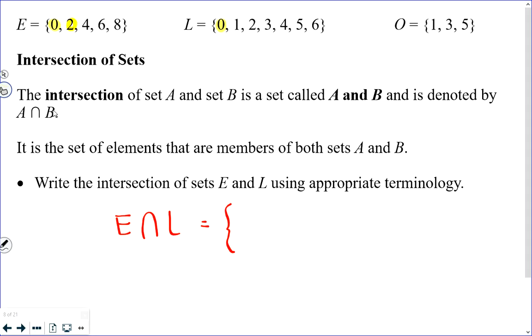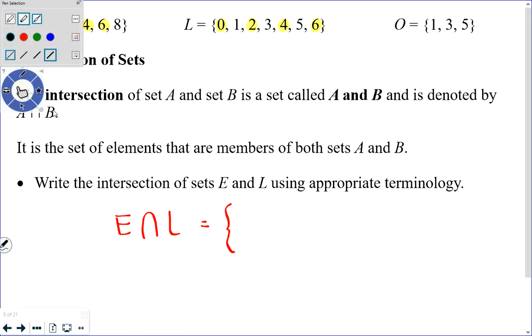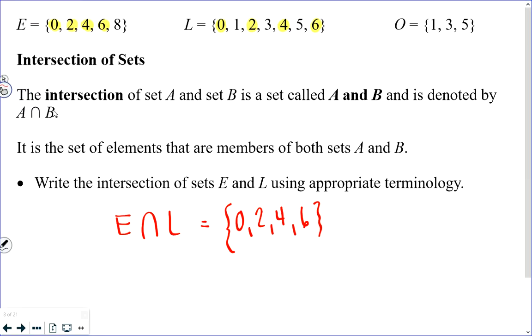There is a 2 and a 2, a 4 and a 4. There is a 6 and there is a 6. And there is an 8, but there's no 8 in the larger set or in set L. So what is the intersection of E and L? It is the set that includes the following elements: 0, 2, 4, and 6. And we're done. That's the basic idea behind an intersection.